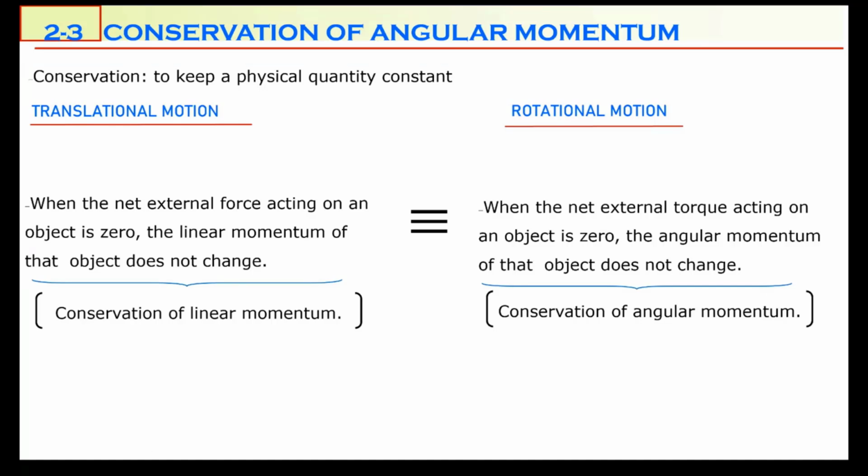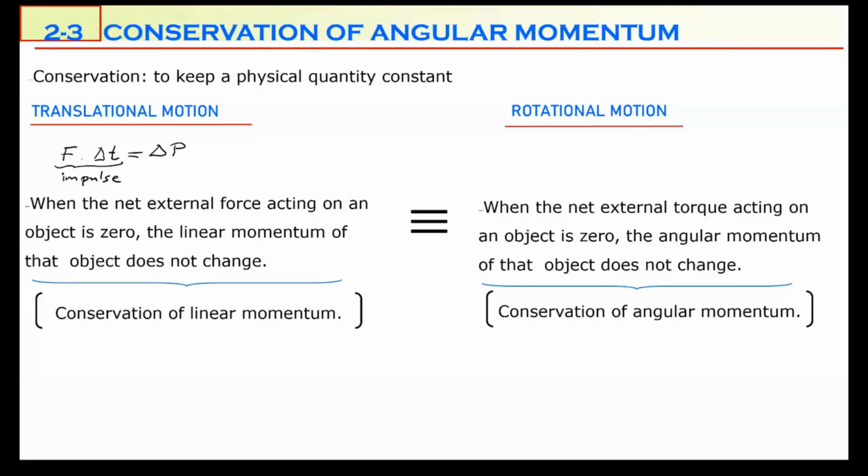One of them you studied last year. It was this relation between the force and linear momentum. If some net force acts on an object for some time interval delta t, which you called impulse last year, it causes some change in the linear momentum of the object.